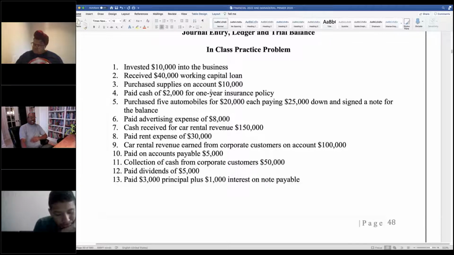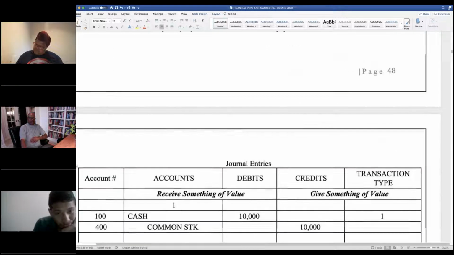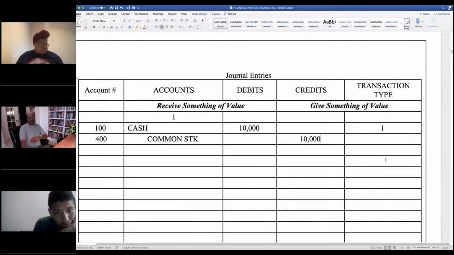All right, so tell me my type. Type is 5. Does everybody have the sheets I told you to have? It's your transaction types.